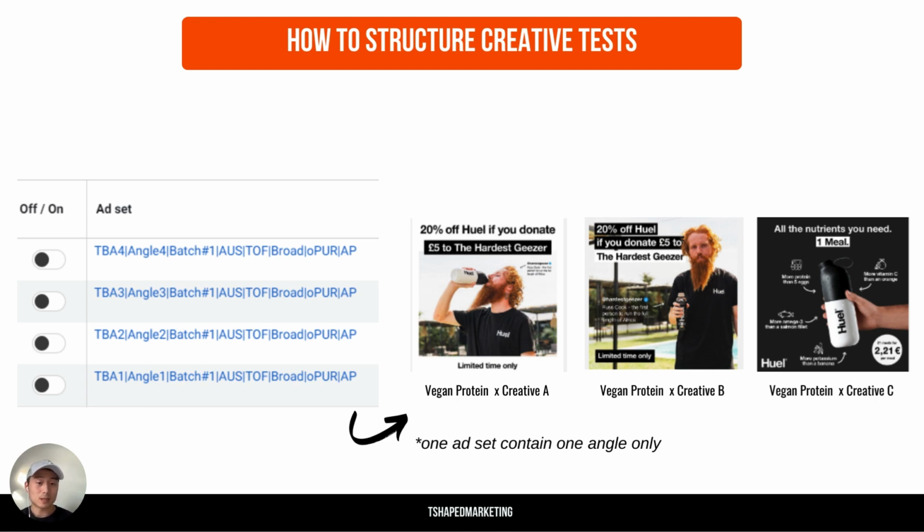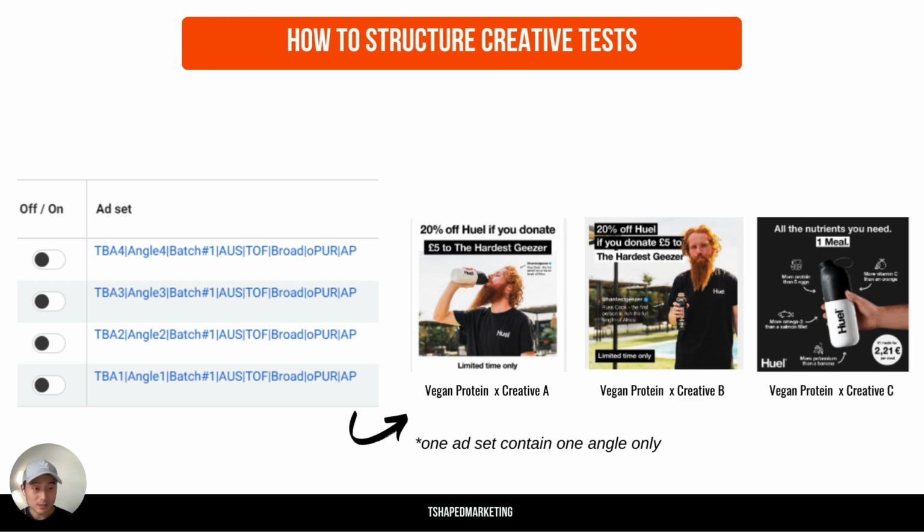For example, what I do is angle one will contain one angle only, but with a different set of creatives. For example, TBA1, that's my naming convention: angle one, batch one, targeting Australia, top of funnel, broad targeting, optimizing for purchase, automatic placement. I would have a copy around vegan protein, that this is a vegan protein.